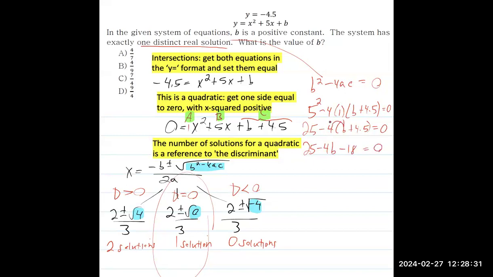So we distributed the negative 4 into the b and the 4.5. 25 minus 18 is 7. 7 minus 4b equals 0. Add 4b to both sides and divide by 4. b equals 7 over 4. And that's answer choice C in this question.